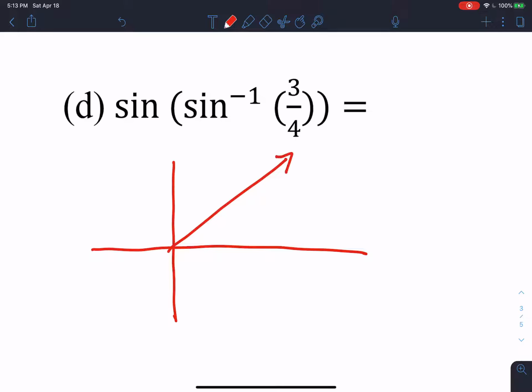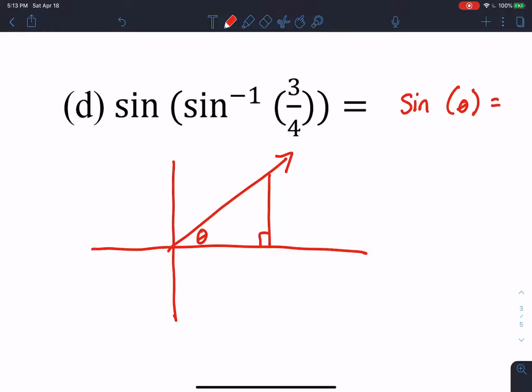So if I draw my angle, and then I'm going to draw out my triangle, what's going to happen is that inverse sine of 3 over 4 is going to become some angle. I don't know what that angle is, but that's not really necessary. This angle is right here in the corner between your terminal side and your initial side. So if I know it's inverse sine, I'm going to label the triangle based off of what I'm given.